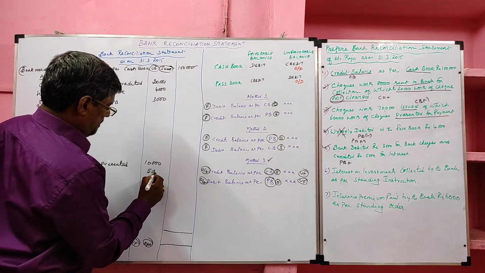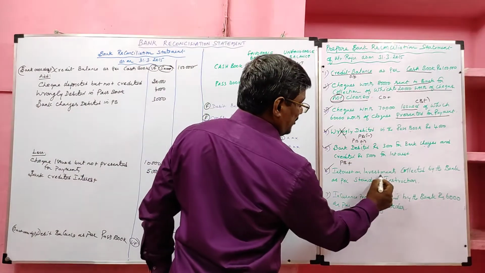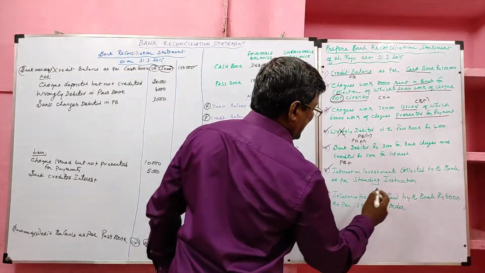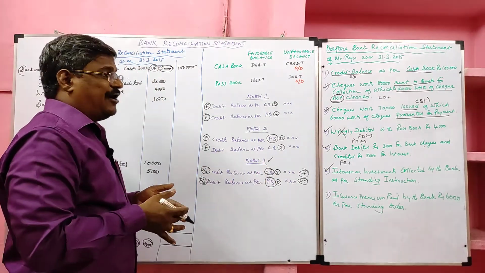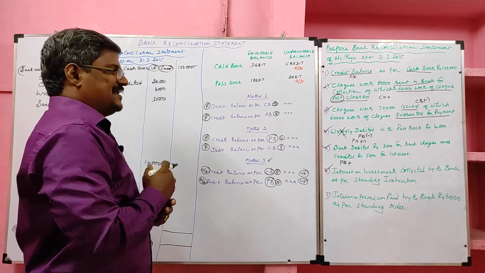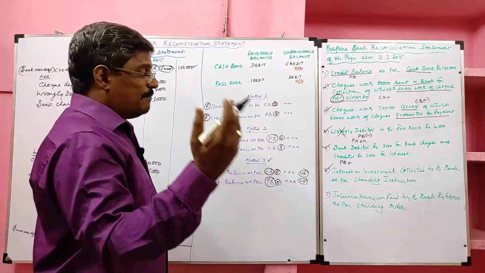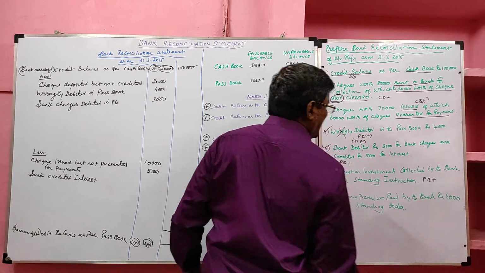5,000 rupees. Next, sixth one, interest on investment collected by the bank as per standing instruction. So interest on investment collected by the bank on behalf of the businessman. This transaction took place in passbook, it was added.